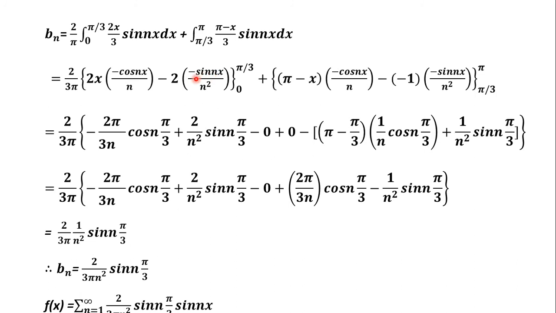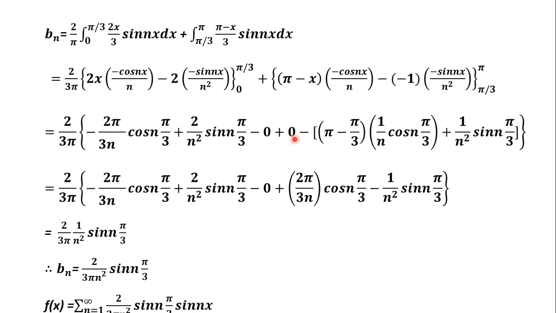Therefore value at the lower limit is 0. Now when x is equal to pi, we get pi minus pi as 0, so this term will be 0. Sin n pi is 0, so this term will be 0. That is, value at the upper limit is 0.